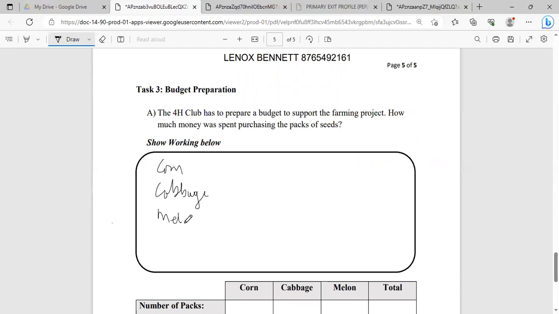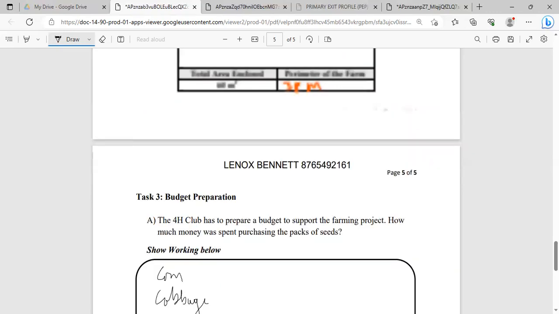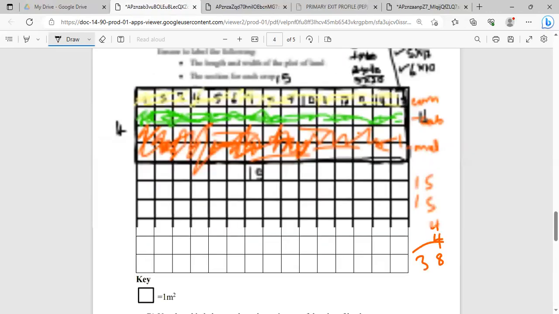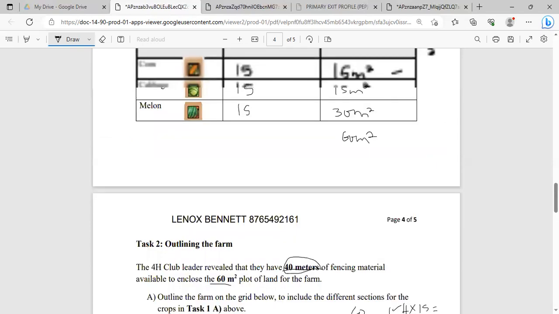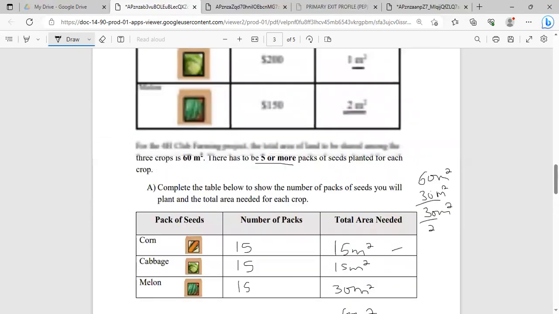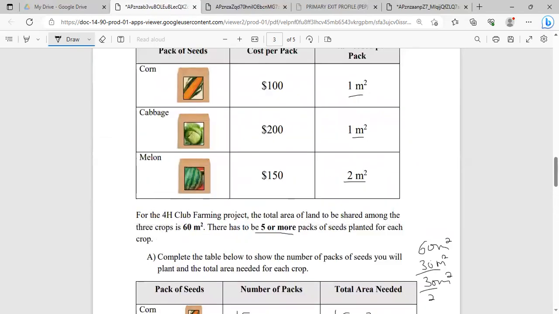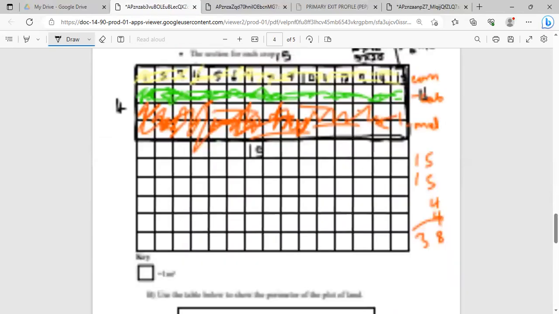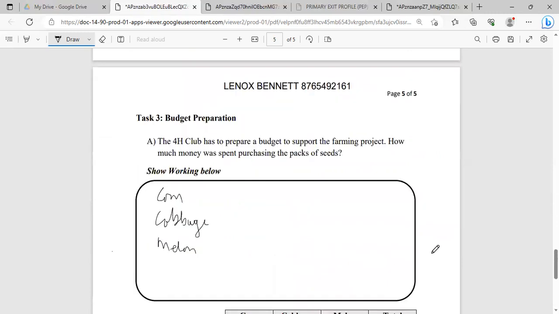So let us look at the different prices. The unit cost is what one pack costs. So the cost was 100, 200, 150. So the corn is 100, this one is 200, and this one is 150.